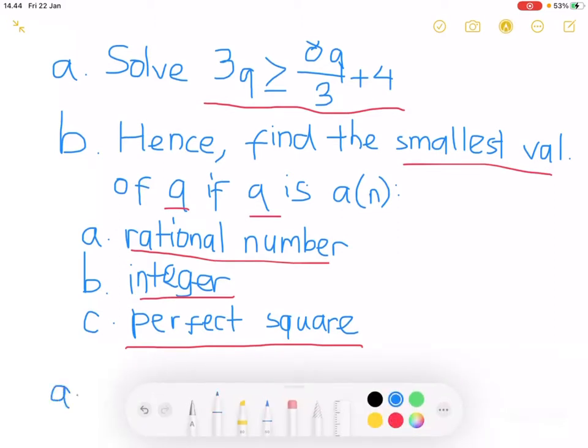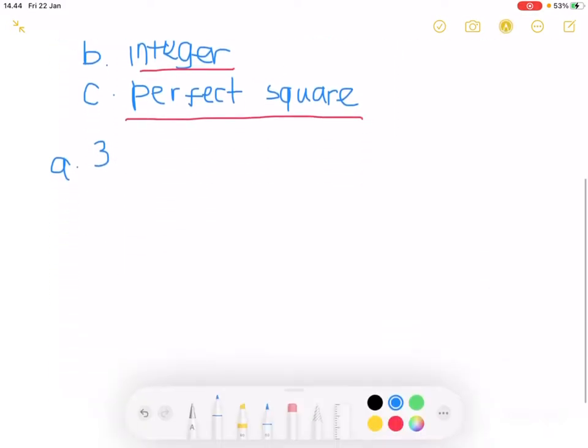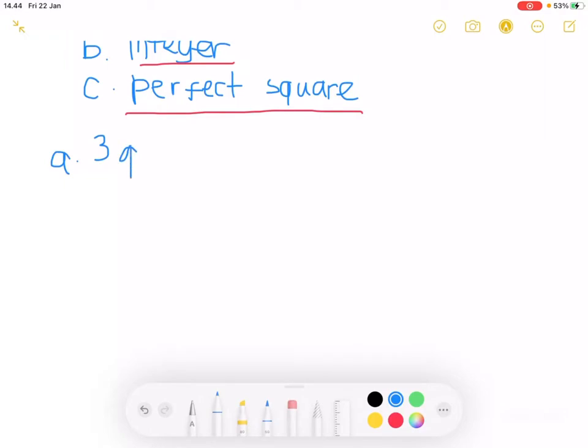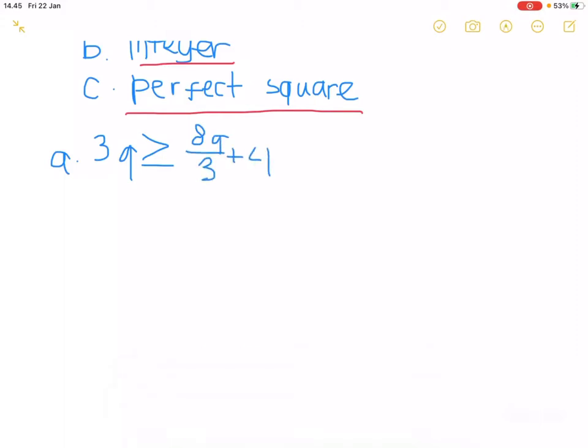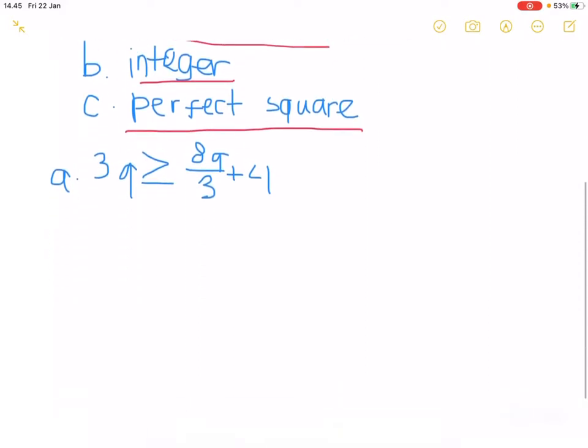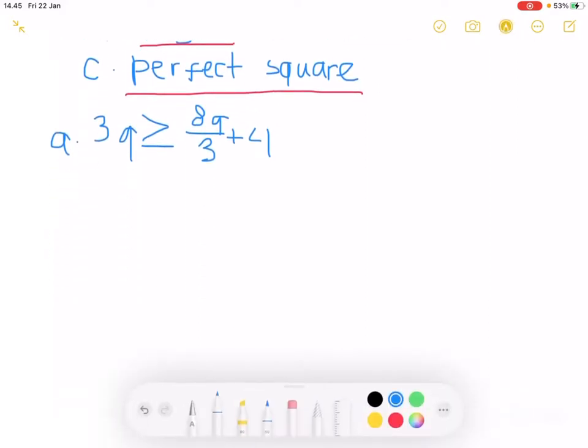I'm just going to scroll down the board. Over 3 plus 4. Let's just double check right here. There we go. Okay, first we can just subtract 8q over 3 on both sides. The left hand side of this term will cancel.